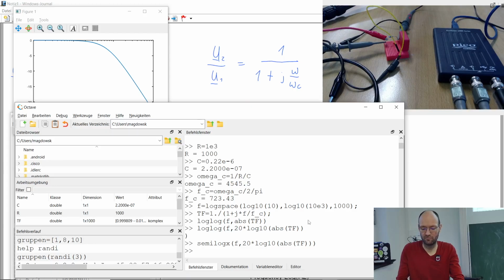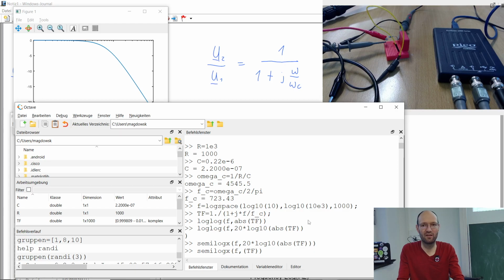How could I do a comparison for the red curve in Octave? How can I calculate the argument of our transfer function, this phase angle, this phase shift? The square root of real part squared plus imaginary part squared gives us the magnitude.